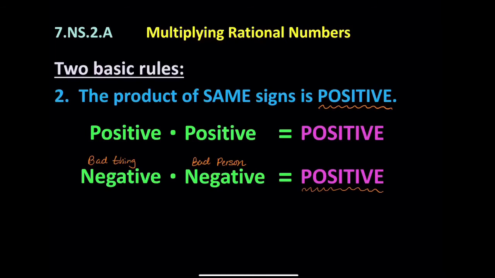It's a positive. Or I've also heard, the enemy of my enemy. An enemy is a negative person, I guess. The enemy of your enemy is your friend. So that's a good way to visualize how a negative times a negative makes a positive, because it's very strange how that works out.